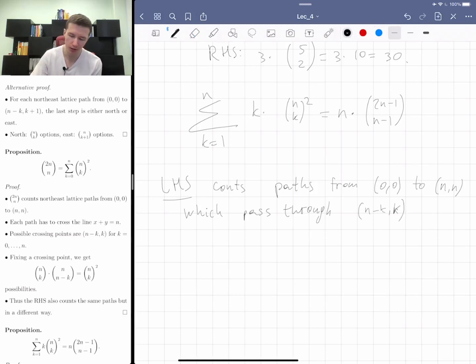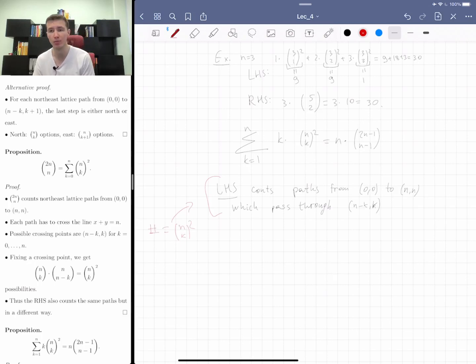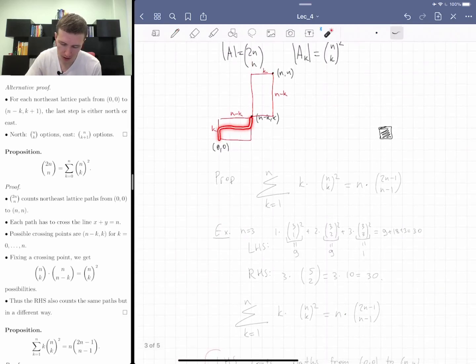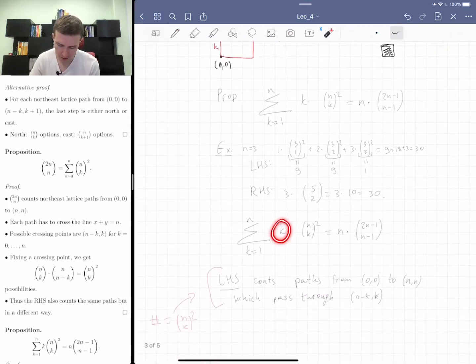So far without any extra conditions, the number of such paths is going to be equal to n choose k squared, as we just computed in the previous problem. You have n choose k options in this rectangle and then n choose k options in this rectangle. But now I have to multiply it by k.